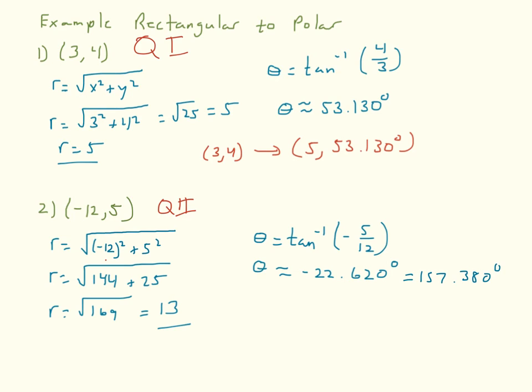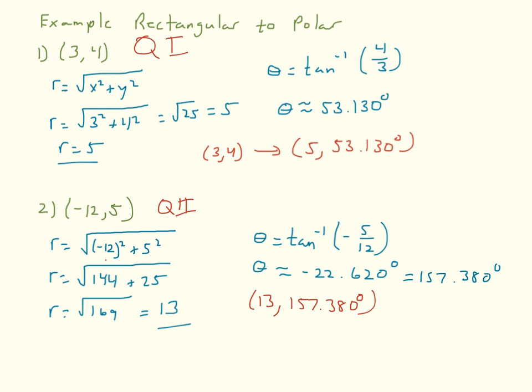And so now I have two options for the polar coordinates for the point negative 12, 5. The first one I can use is 13 and 157.380 degrees, and that's fine.